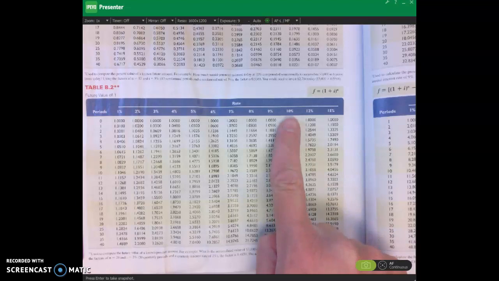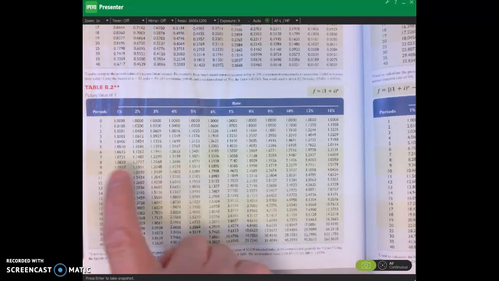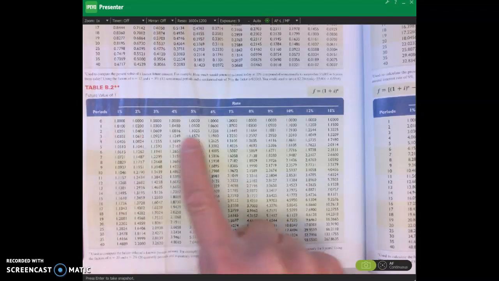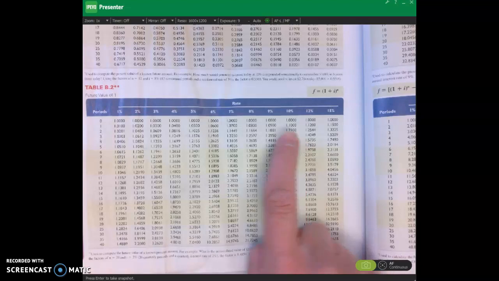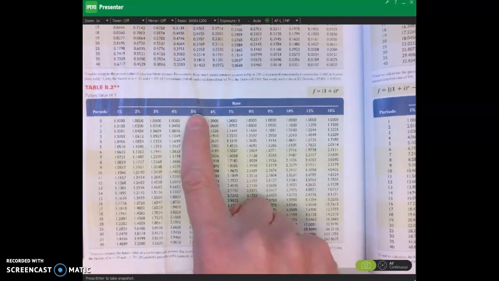So the way we use these tables, we find our interest rate, and then we look across at our number of periods, and we find our factor, and then we multiply this factor times the present value to get the future value. So here, 10%, 3 periods, 1.331. What about when we did it semi-annual? Remember, semi-annual, it was 5%, and then how many periods?